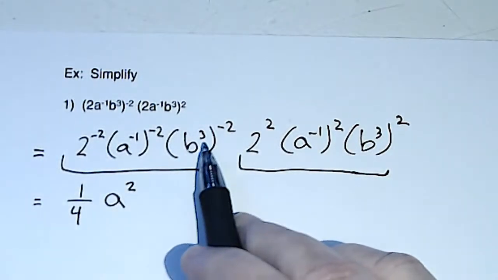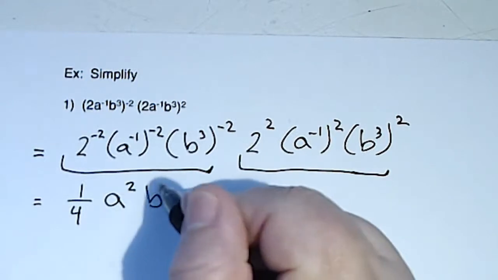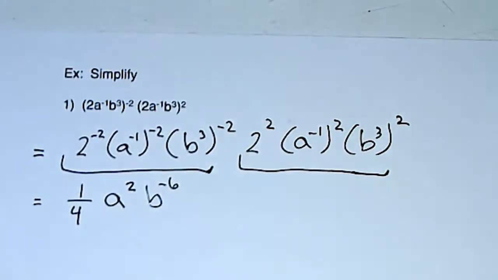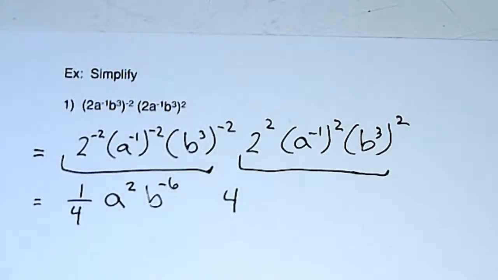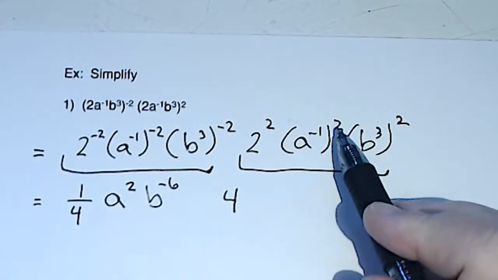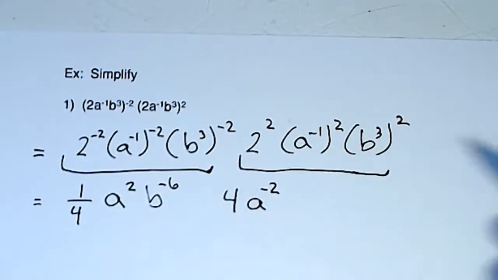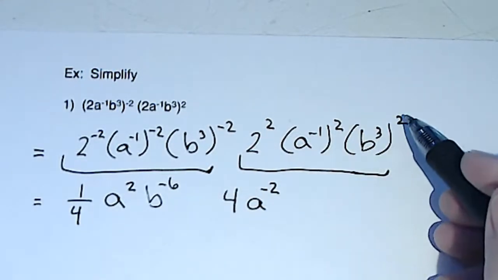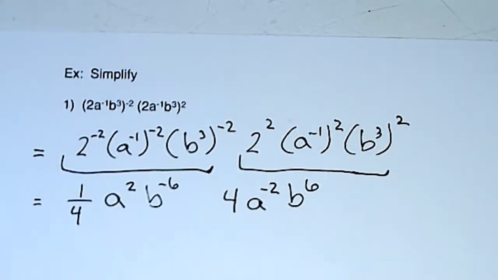B cubed to the -2, I multiply, I get b to the -6. Over here, 2 squared is 4. A to the -1 squared, I multiply, I get a to the -2. And b cubed squared, I multiply, and I get b to the 6th.